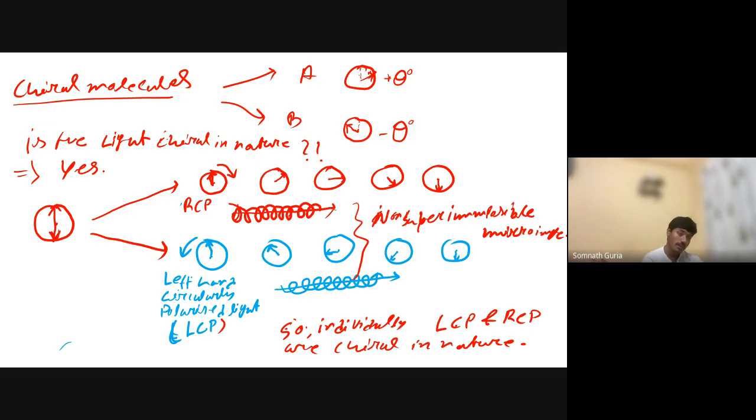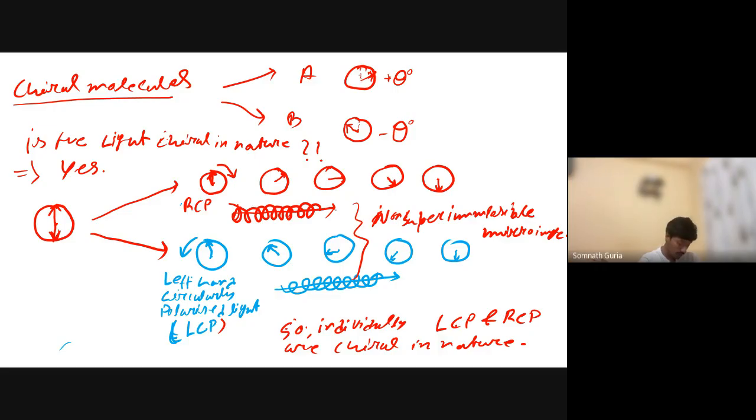So LCP and RCP become helical in nature and are mirror images of each other. Two different helices are there, so they are chiral in nature. We have the chiral environment and the chiral molecule, so we can detect it easily.